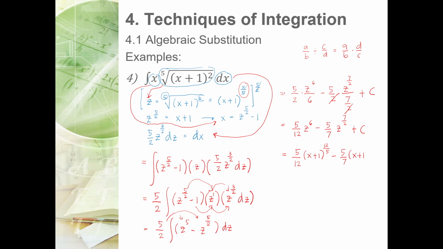So again, 7 halves times 2/5 would give you 7/5, plus c. So this is the final answer.